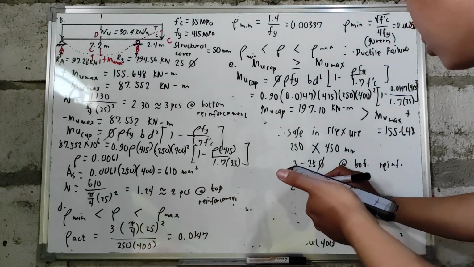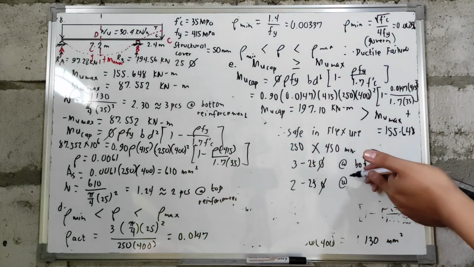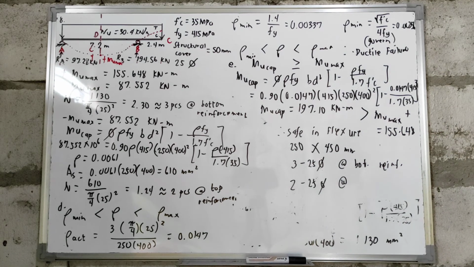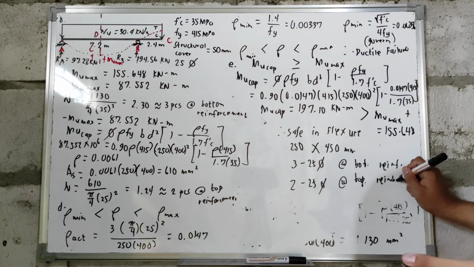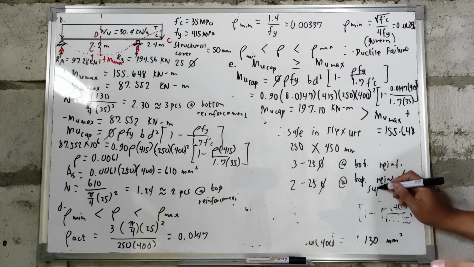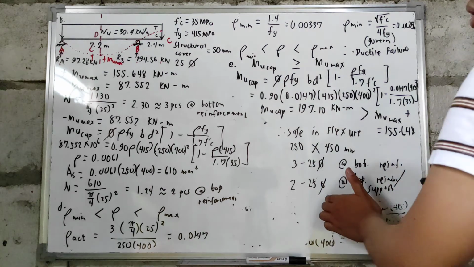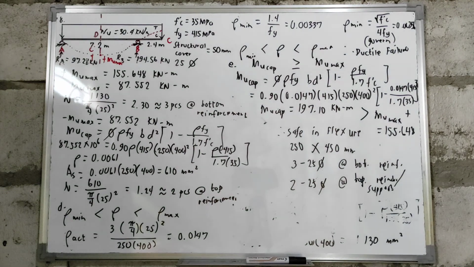And you will have 2 pieces 25 mm diameter at top reinforcement, found at the support. Bakit, sir? Due to the negative moment natin na 87.552. So, ganun lang yung pag-design natin. For this one, sa flexure lang tayo nag-design. Kaso nga lang, theoretically speaking, kailangan pa rin mag-design kung safe ba yan sa shear o kaya safe ba yan sa deflection.